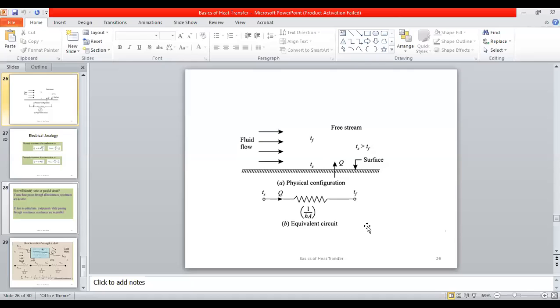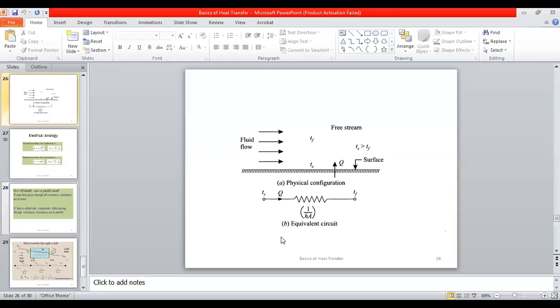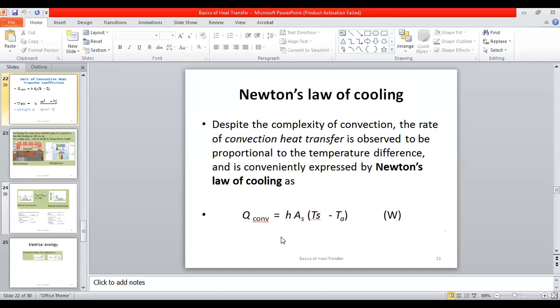See, 1 upon kA is the resistance for conduction. Here L by K was there. Okay, but for convection here 1 by hA. Again we will go to the conduction.